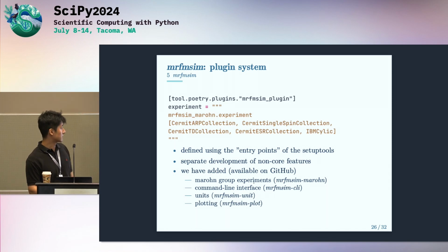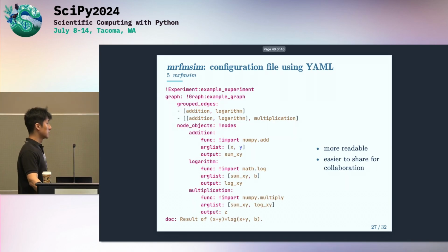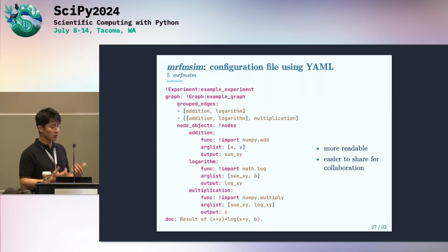We have already added our own experiments to the system as a plugin, as well as a command line interface, units, and plotting functions. Another thing is, if we want an experiment to be more readable, we actually use configuration files with YAML.